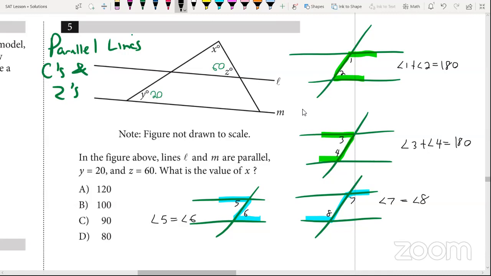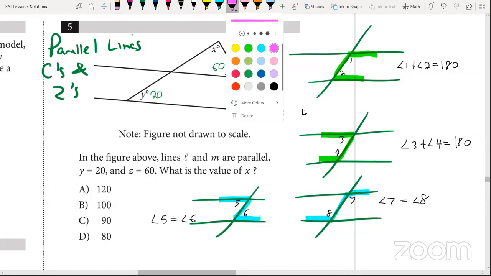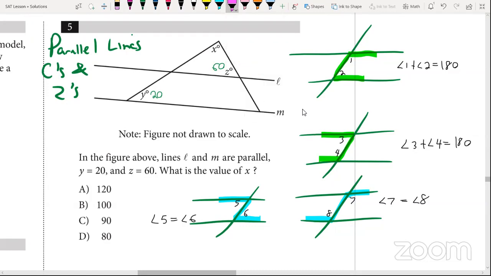Just keeping it consistent with tips that you might need for future SATs, I see there's a C shape right here. These two inner angles here have to add up to 180, just like we have in green on the right.